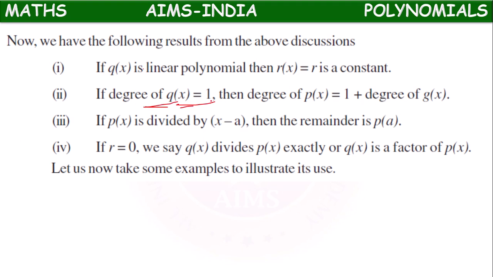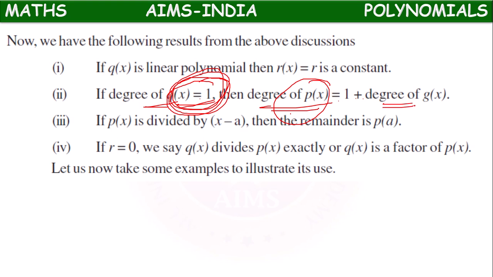If the degree of the quotient q of x is 1, then the degree of p of x, the dividend, equals 1 plus the degree of g of x.